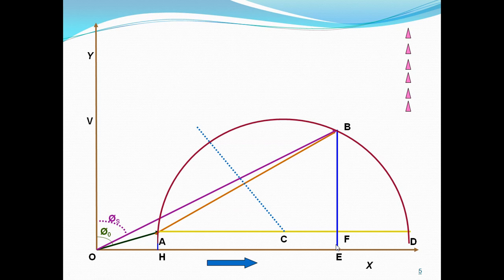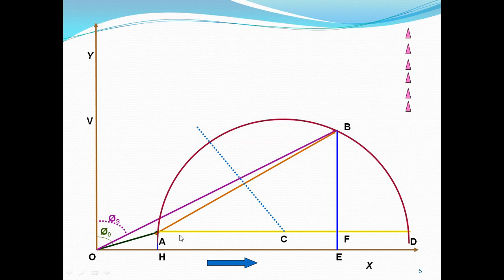Also, the applied voltage is shown vertical, so all vertical distances represent the active or energy component of the current, that is AH equal to I naught cos phi naught.